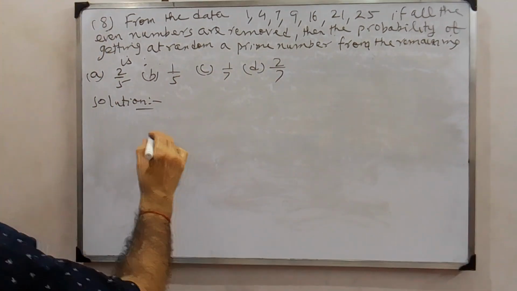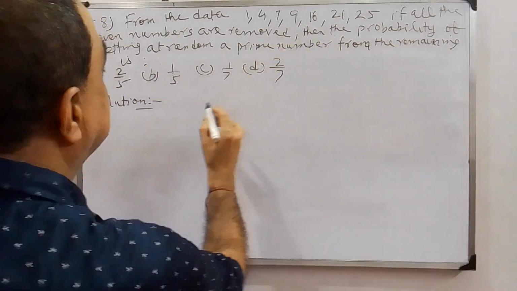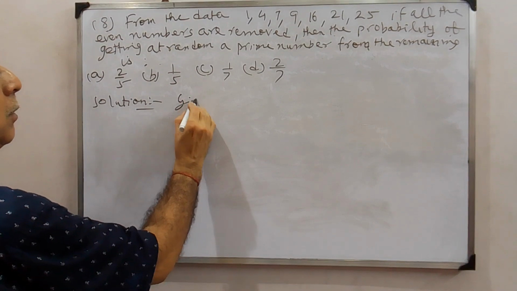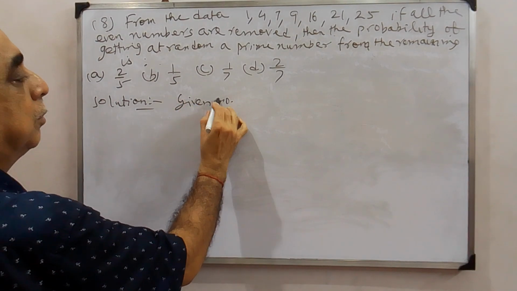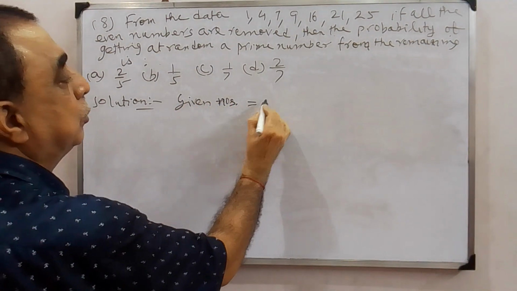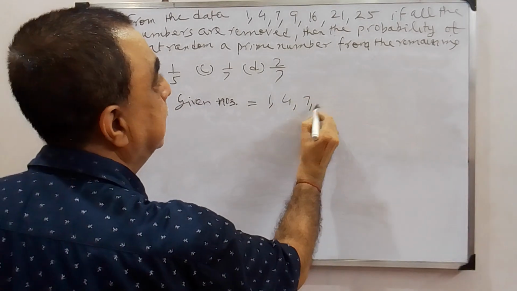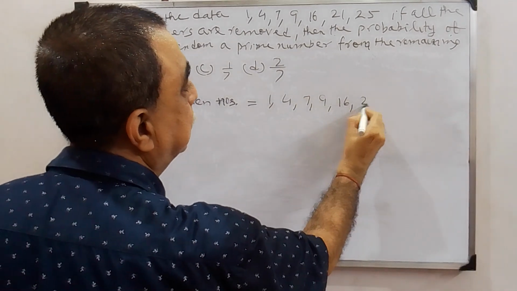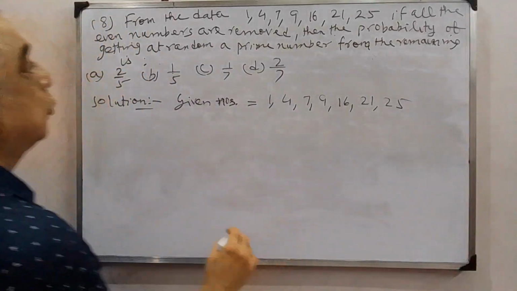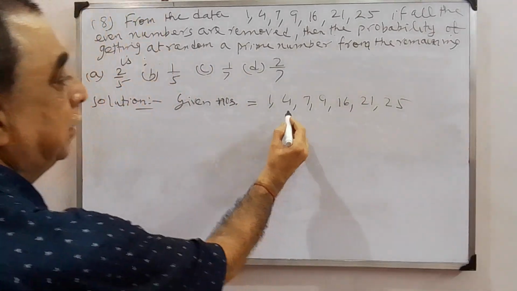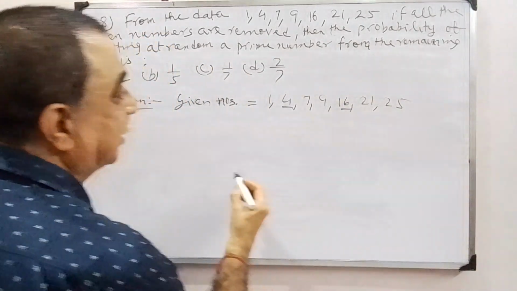Now see here, the given numbers are 1, 4, 7, 9, 16, 21 and 25. So remove the even numbers. Which are the even numbers? 4 and 16.